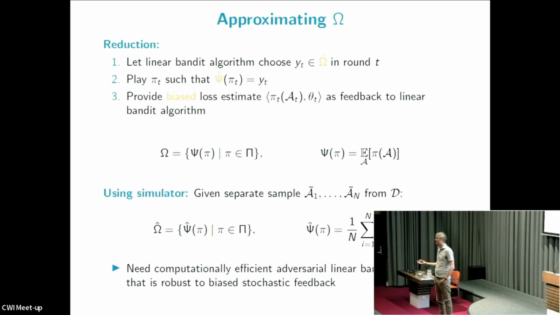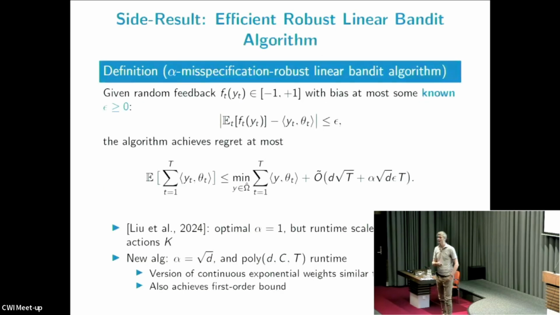Of course, there are many related ideas in the literature, but not exactly what we need. So we had a side result that says, well, we can build that. Basically, the assumption is, suppose that we have some feedback, which I'll call F for now, which is at most epsilon biased. So it has mean that is not quite y_t times θ_t, but it's close in terms of some epsilon. And this happens every round.